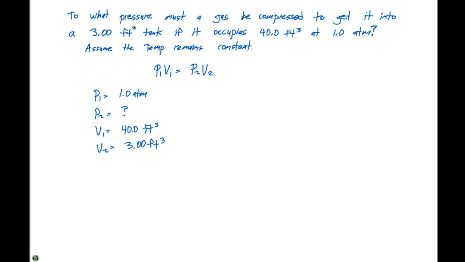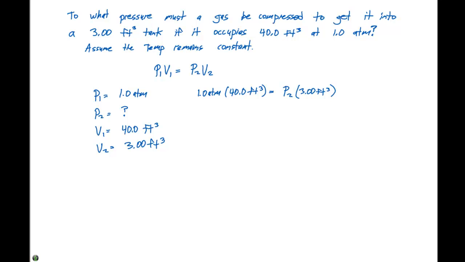Okay, so if we plug these values into our particular expression, we'll see that 1.0 atmospheres times 40.0 feet cubed is going to equal P2, which is what we're trying to solve for, times our second volume, which is 3.00 feet cubed.